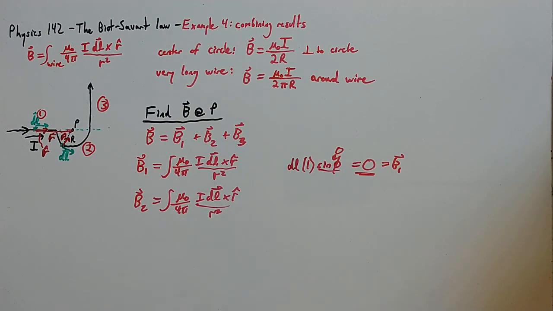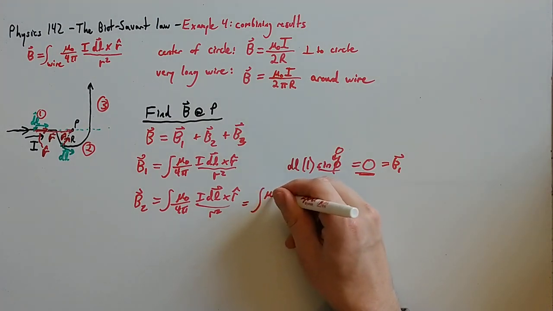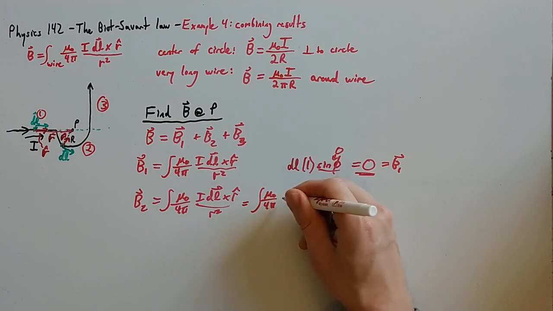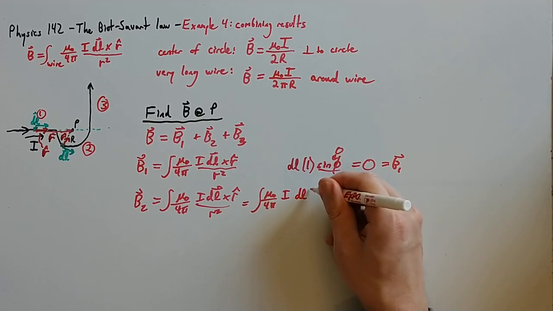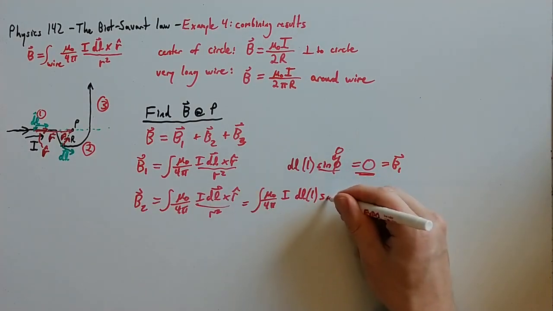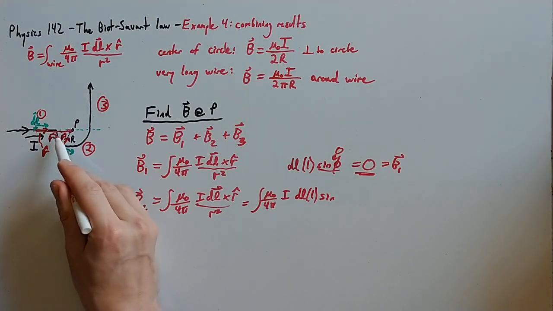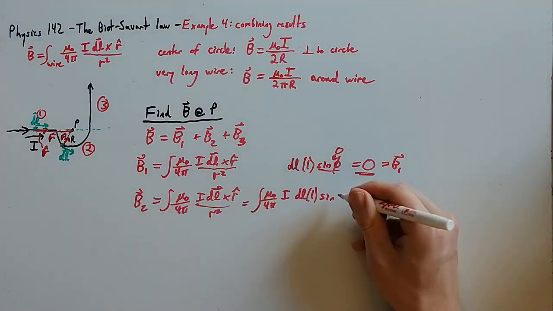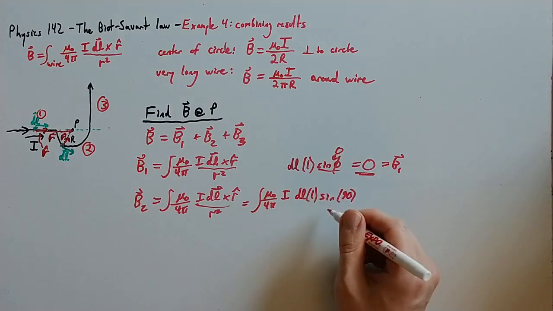And so now if I do this integral, let's write mu naught over 4 pi times I, and then we need to do the cross product, so that's dl times the magnitude of r hat, 1, times the sine of the angle between them. The angle between r hat and dl here, we can see, along a half circle, they're perpendicular. So that's 90 degrees, so sine of 90.